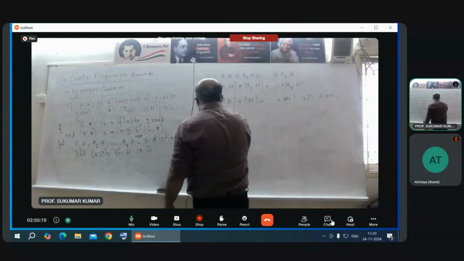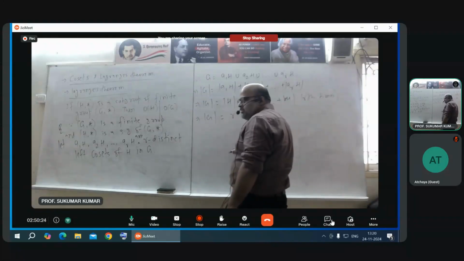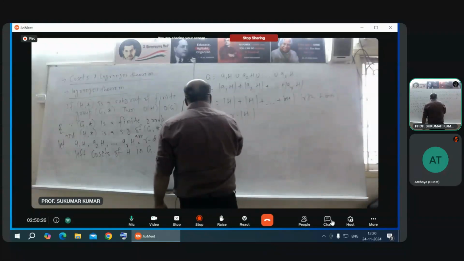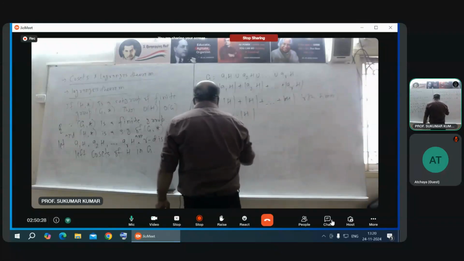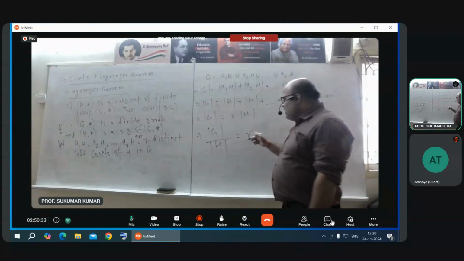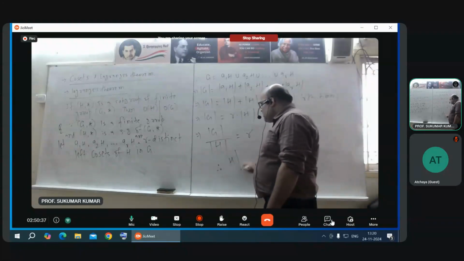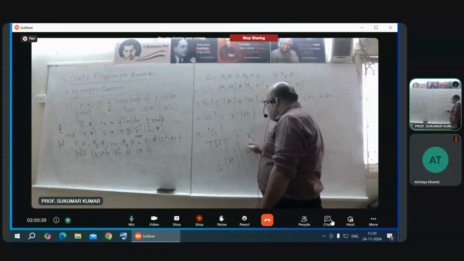So the cardinality of G is the addition R times, and finally the cardinality of G divided by the cardinality of H is equal to R. Since R comes out, we can divide. So the theorem is proved: the cardinality of H divides the cardinality of G.